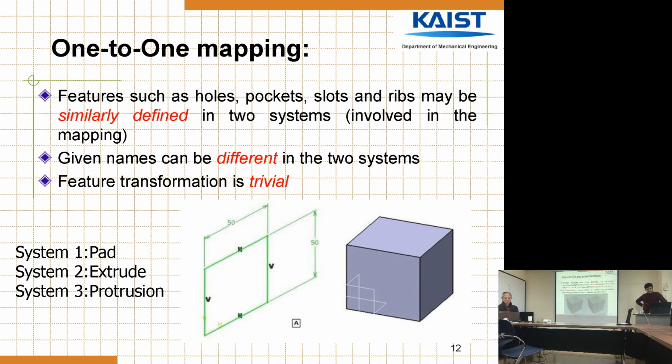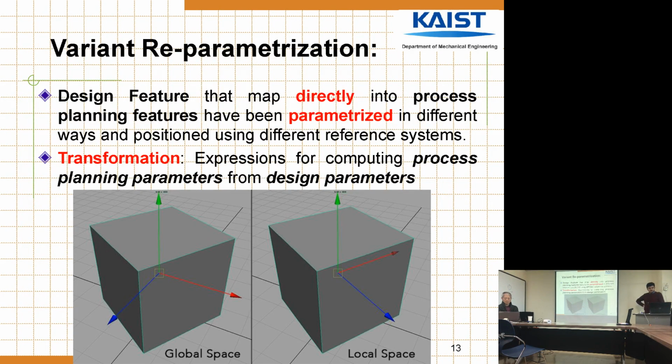So the next is the variant re-parametrization. Variant re-parametrization is when everything like the name and other things are the same, but the parameters in their amount are different.